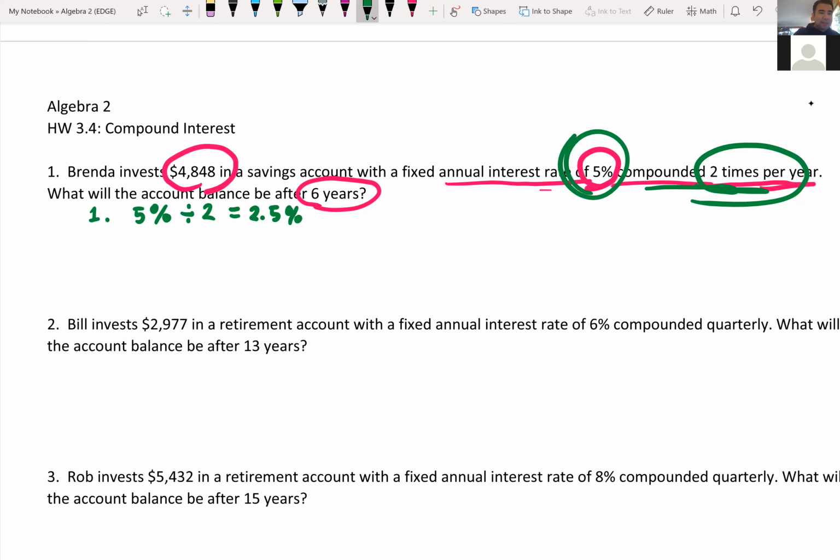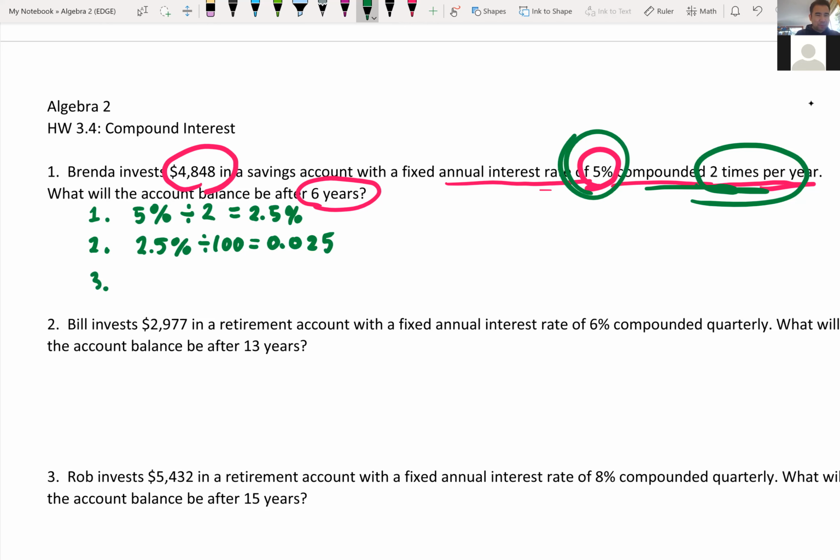And then number 2, we need to convert the percentage into decimal form by dividing that number by 100. So 0.025. Don't assume anything. Just make sure that you confirm that, whether with a calculator or other means.